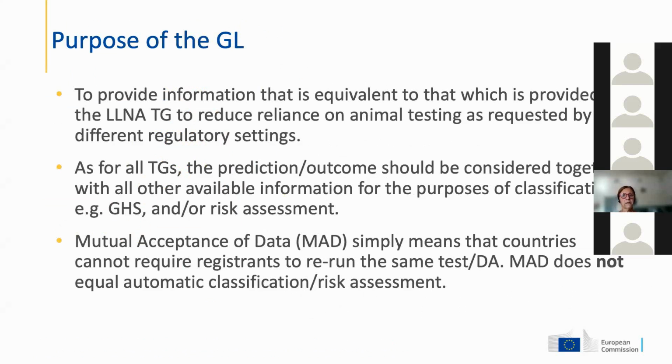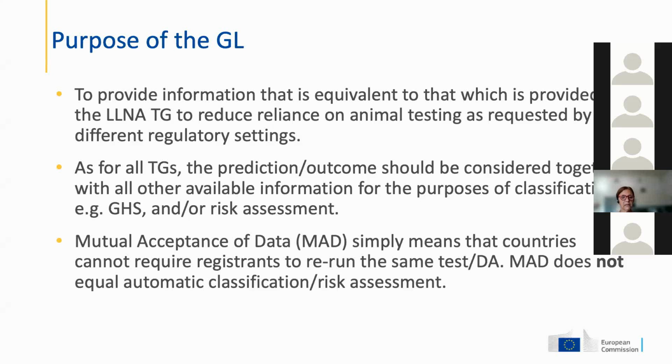The overall purpose of the guideline is to provide information that is equivalent to that which is provided by the standard animal test, the local lymph node assay. Of course, this is to reduce reliance on animal testing as requested by the different regulatory settings and as embraced by the OECD.